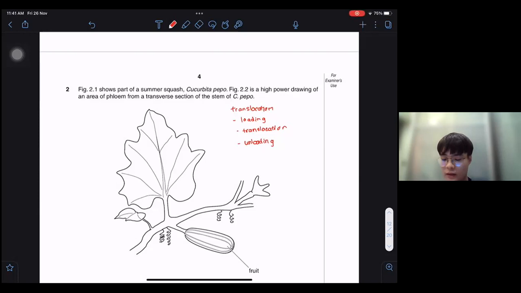And the assimilates are actually sucrose and amino acids. There are also other plant growth hormones which will be transported.